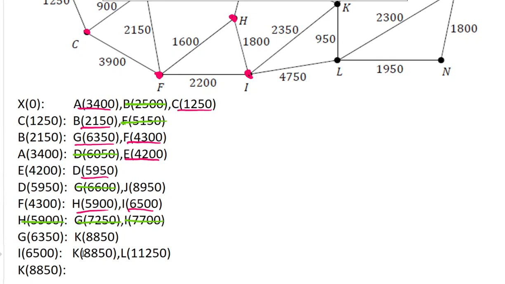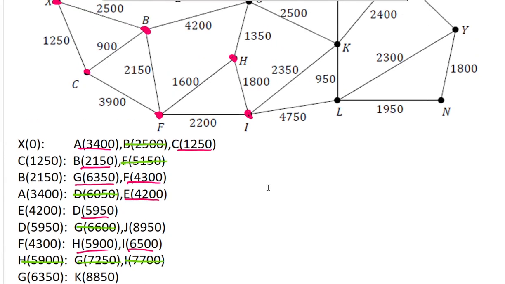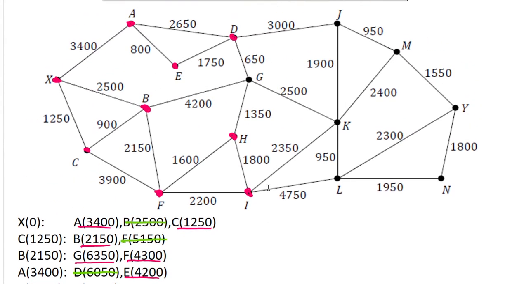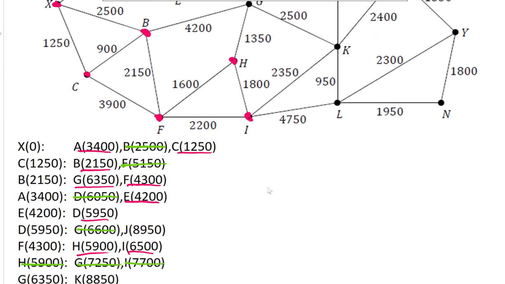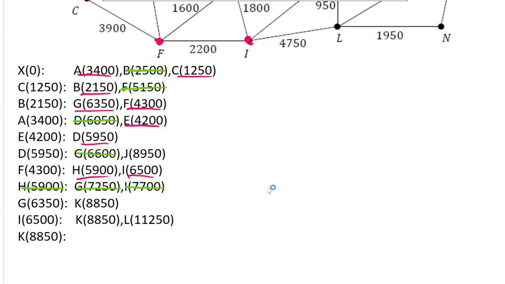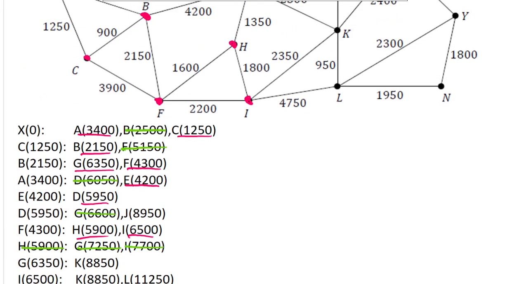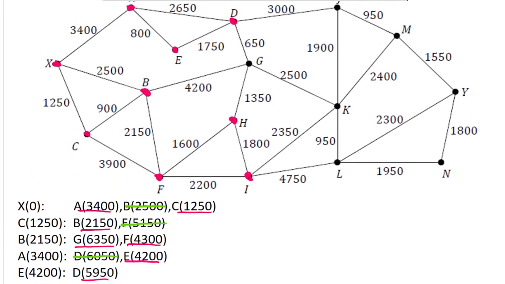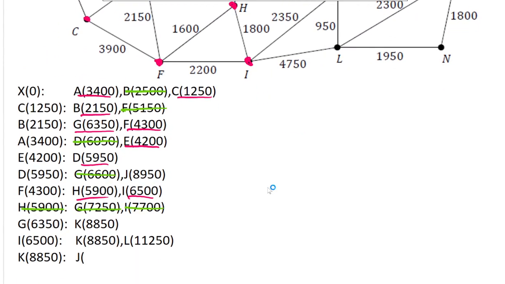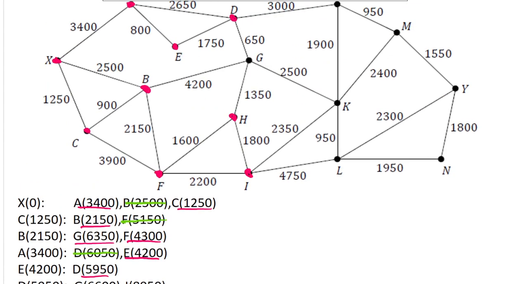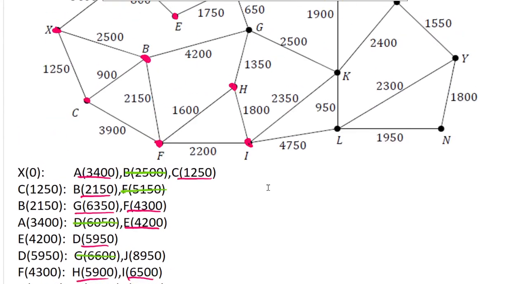So from K, what happens? From K, we can go to J, M, and L. Okay, so it's going to be K to J for 1900. So 1900 plus 8850 is 10750. To M for 2400.